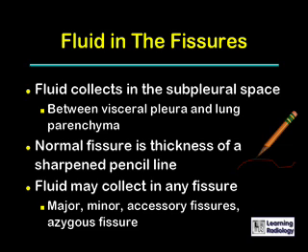However, when fluid collects in the fissure, it becomes much thicker than the line that you can draw with the point of a sharpened pencil, and you can see this fluid in the major fissure, the minor fissure, accessory fissures, the azygous fissure, any fissure.